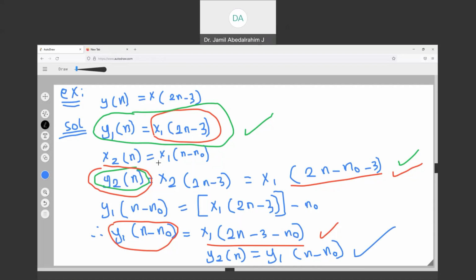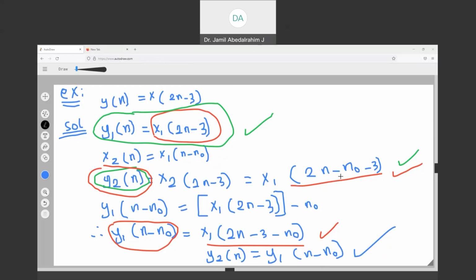Next, since we have x2, the second input, we should have the second output, y2. The y2 is exactly the same as the original equation, but after n, we subtract n naught, then the rest, which is minus 3.